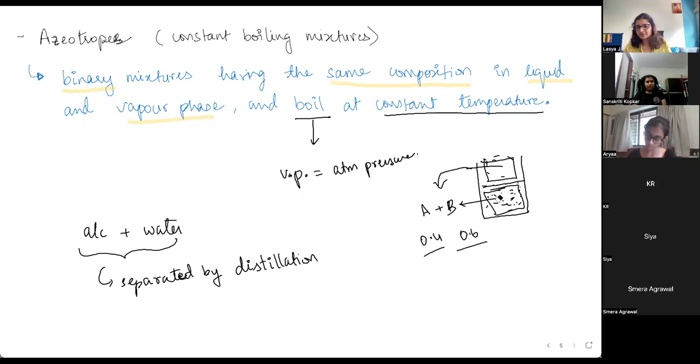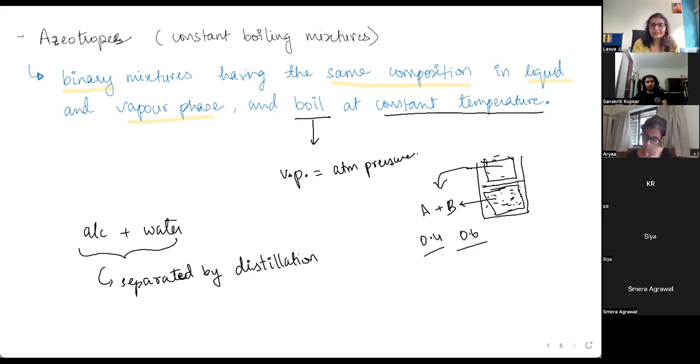So if mole fraction in liquid state in this particular solution was 0.4, 0.6, even in the vapor state, when you measure it, you'll find the same quantities of A and B. So essentially, even when you boil the mixture, क्योंकि vapor state में ही वही composition है, it becomes difficult to separate A and B. They're like paired up. Distillation se you won't be able to separate them out. So those sort of mixtures are called azeotropes.